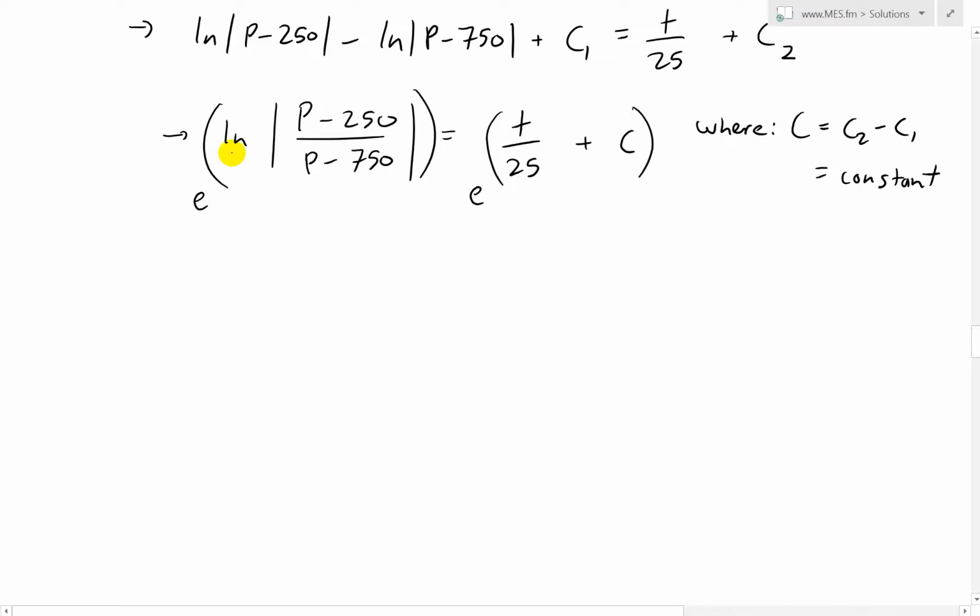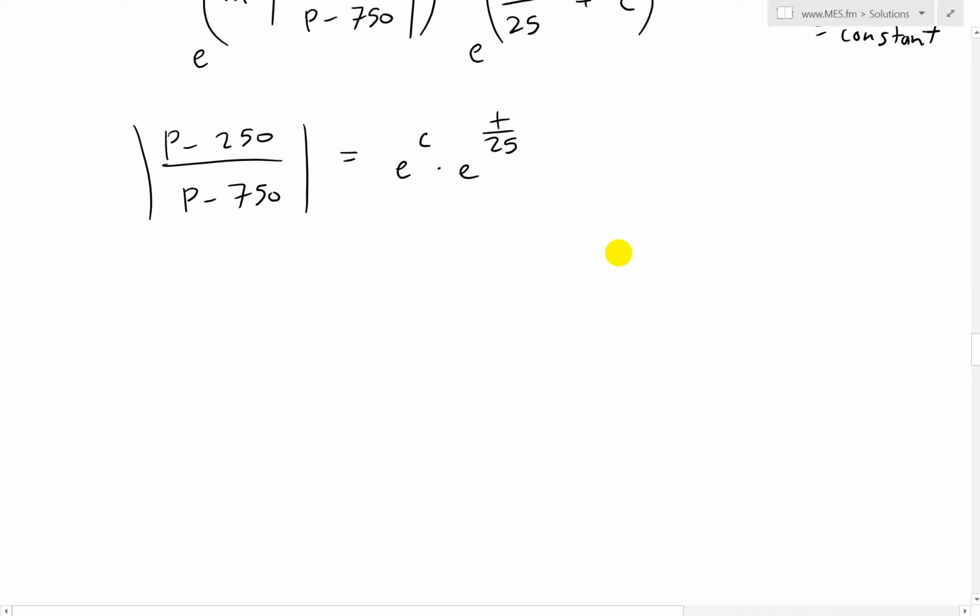So e and ln cancel, so what we have is p minus 250 over p minus 750, and don't forget the absolute value sign. This equals, whenever you have addition in the powers, this is the same thing as multiplication. So this is e to the c times, I'll move that in the front, e to the t over 25.